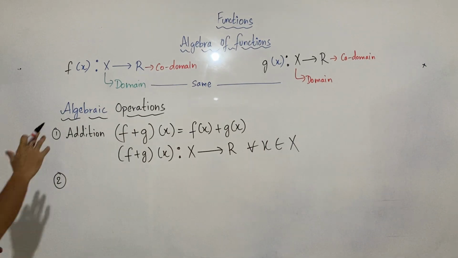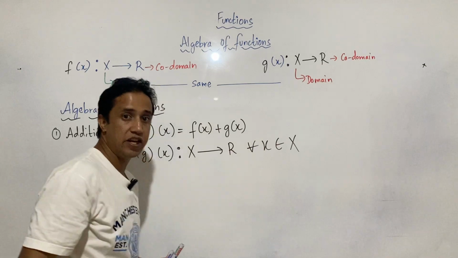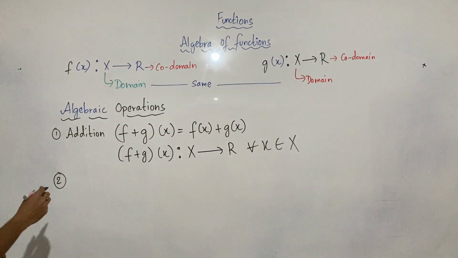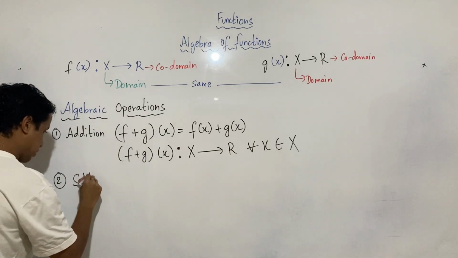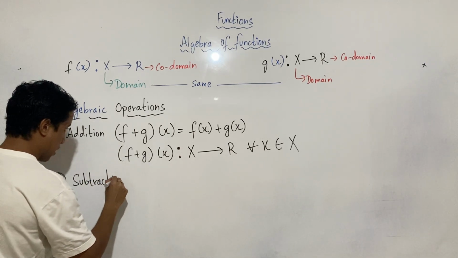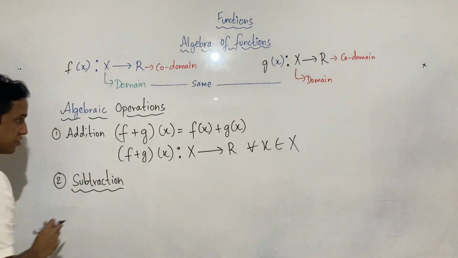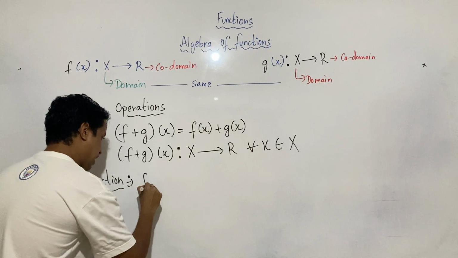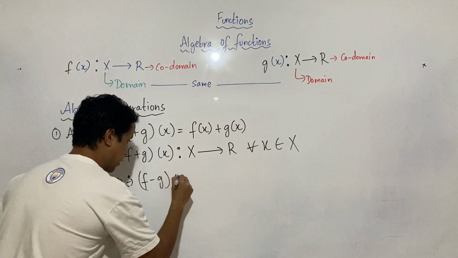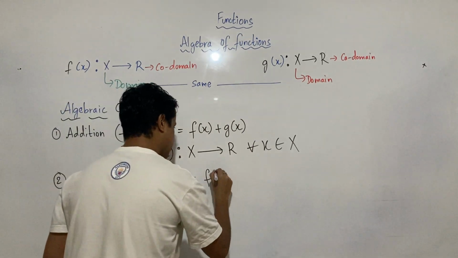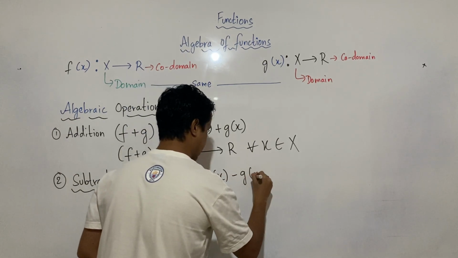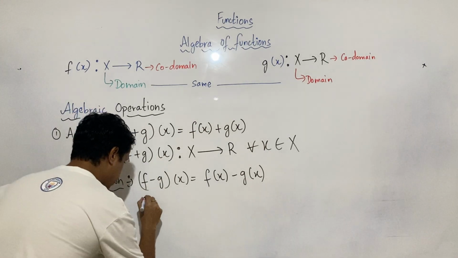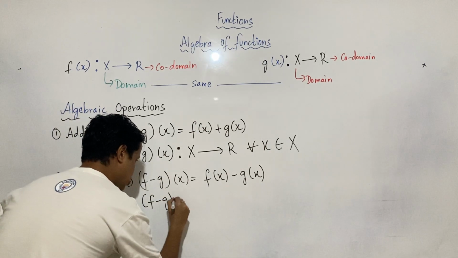The next algebraic operation that we can perform on these two functions is subtraction. How can we represent it? It can be represented as (f minus g)(x), which is f(x) minus g(x).